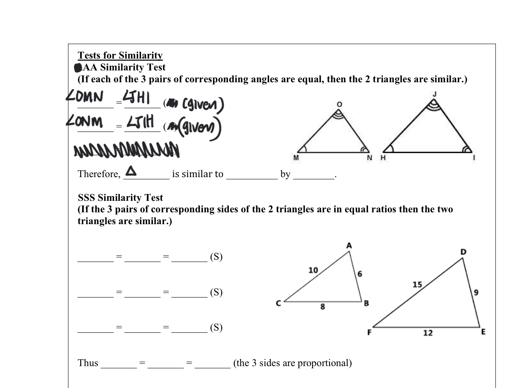So you can tell me triangle OMN is similar to triangle JHI by AA test, because it's given in the diagram that they are equal. They will ask you for the reasons. They might minus 1 mark. So if they say state your reasons clearly, then you have to write.